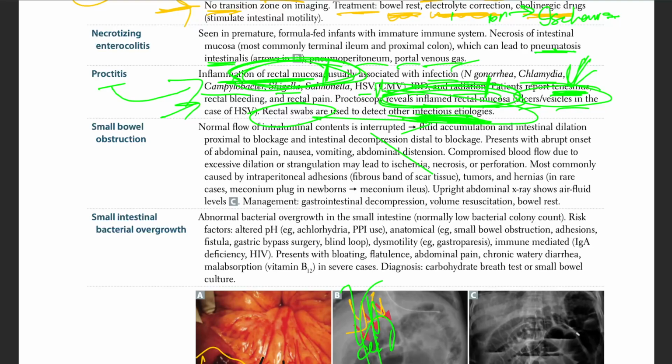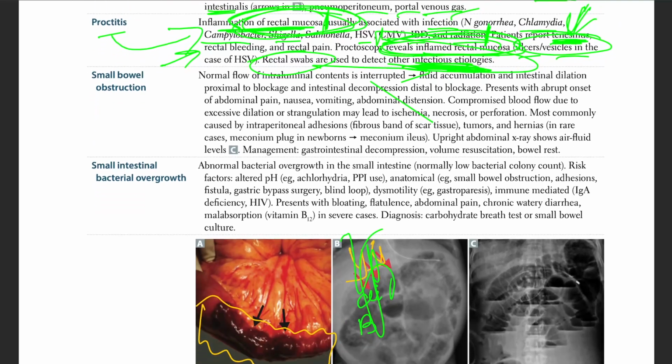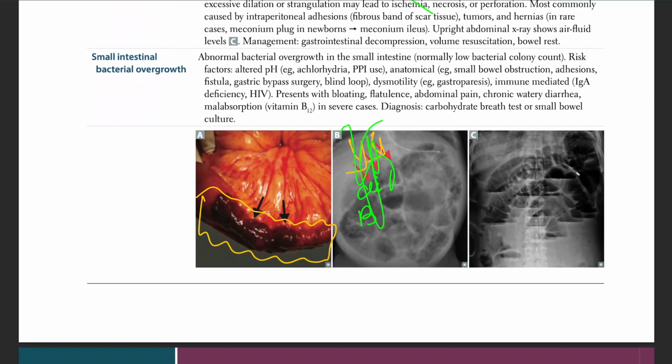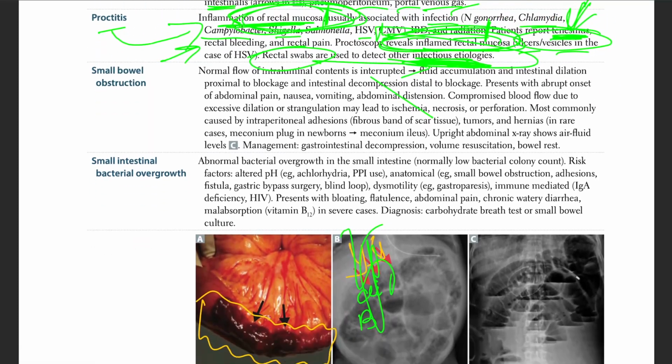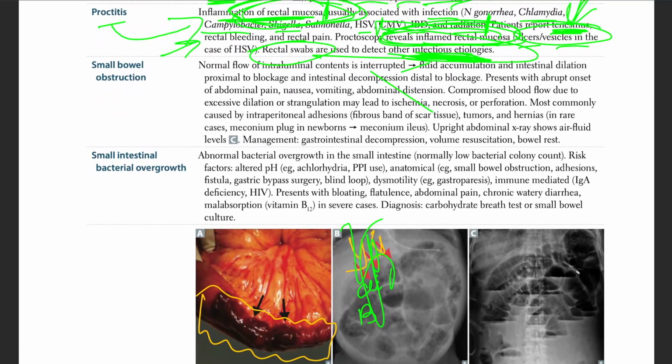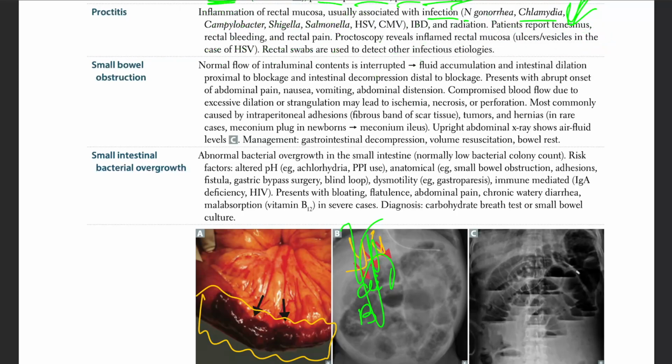Okay, let's talk about small bowel obstruction. Normal flow of the intraluminal contents is interrupted. With the name, the small bowel has been obstructed.